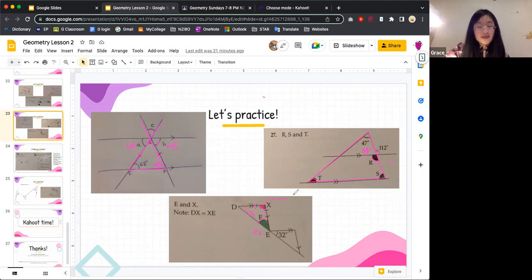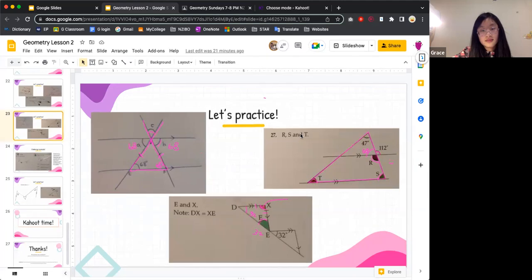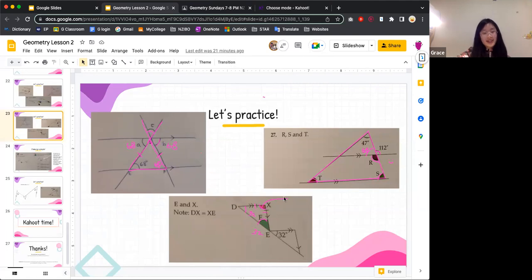So what would the other one be? 116. Yes, nice, 116. And that's because we know that the angles in a triangle add up to 180 degrees.